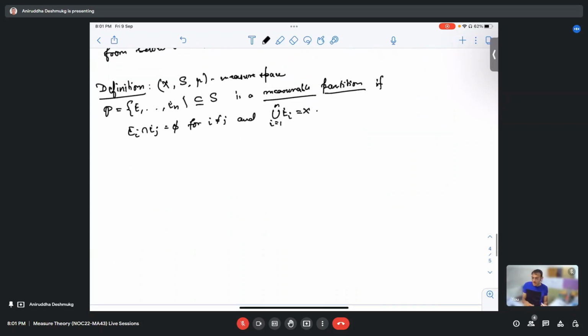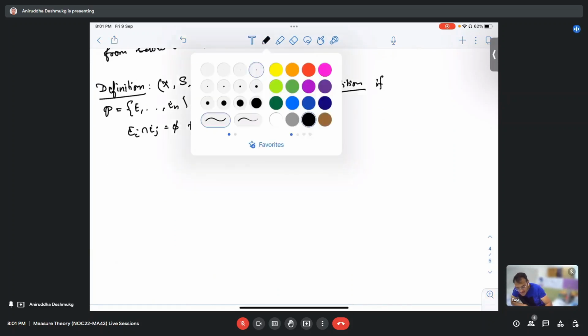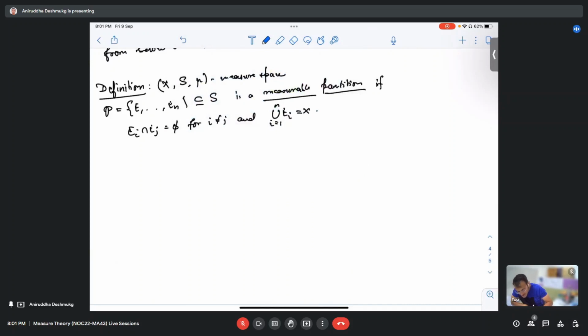Now, given a non-negative function, I am going to assume a few things that will be clear later. The assumption is that the measure of the whole space is finite and f is a non-negative measurable function with f bounded.